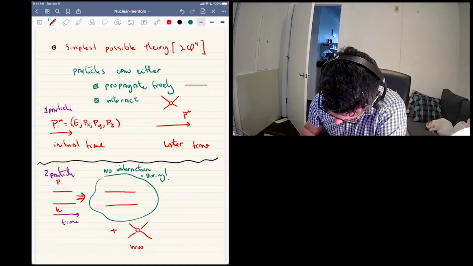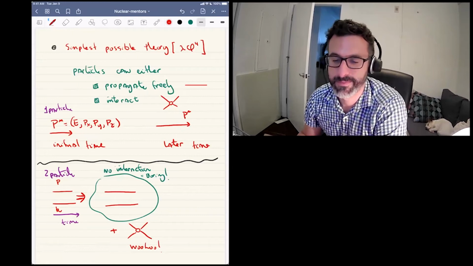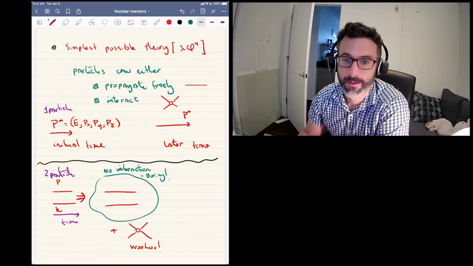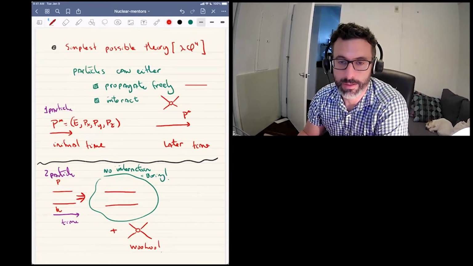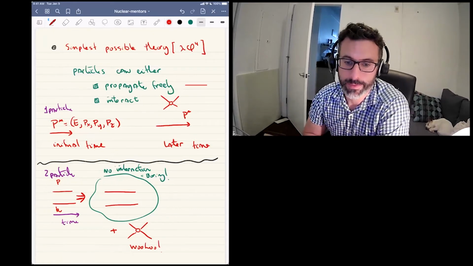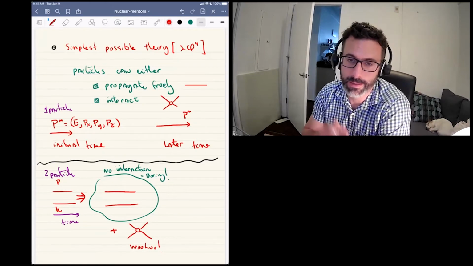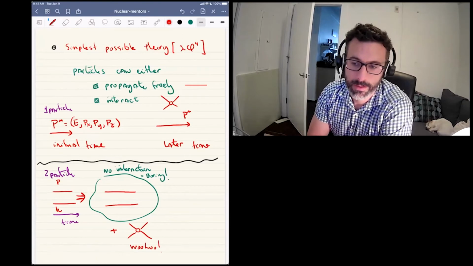Woohoo! Look at them interacting. But this is not the only way they can interact. If they can interact once, quantum mechanics says that anything that is allowed can happen.